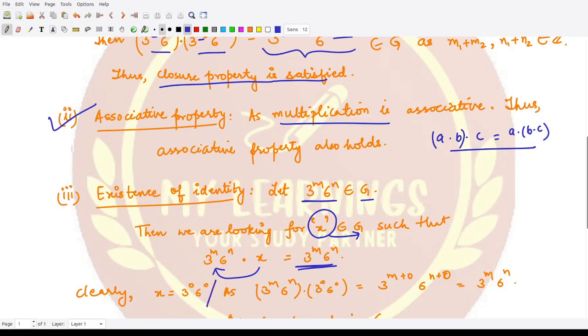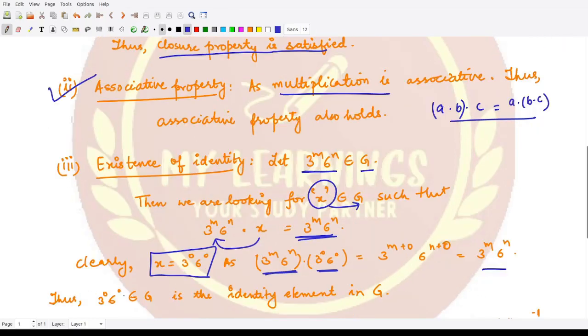The answer is 3 raised to power 0, 6 raised to power 0 as that element x. When you multiply the given element 3 raised to power m, 6 raised to power n with this element, you will again get back the same element. Because this is again of the form 3 raised to power something, 6 raised to power something, and that something is an integer, you have found your identity element for this set G.